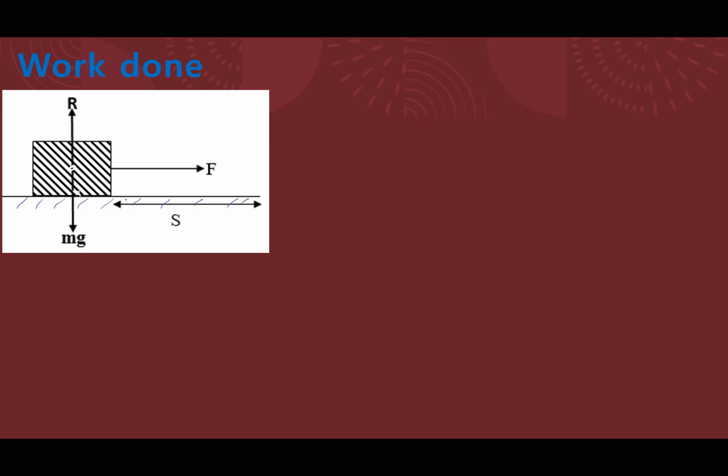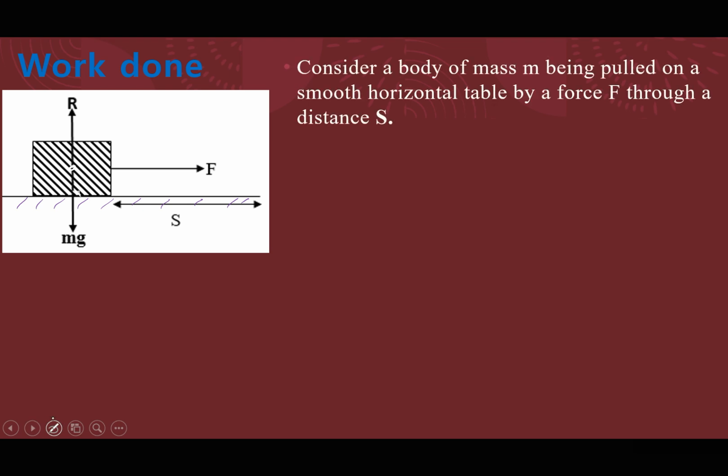So can we think about the work done in this case? Since work done is the product of force times displacement in the direction of the force, if we consider such a body of mass m being pulled on a smooth surface, smooth in the sense that there is no friction, through a distance s, then the work done is going to be the force F times the displacement in the direction of the force.